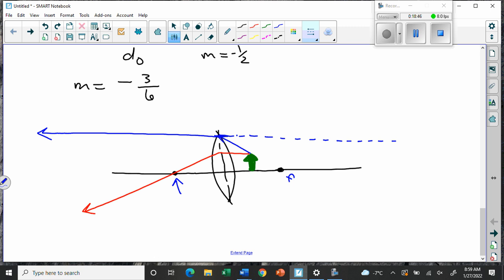And then I imagine that this other ray came from, oh, wow, came from back here like this. Let me just make that a little better. Okay, whatever, like that. We can see that they're going to cross, and I'm going to get sort of something here.